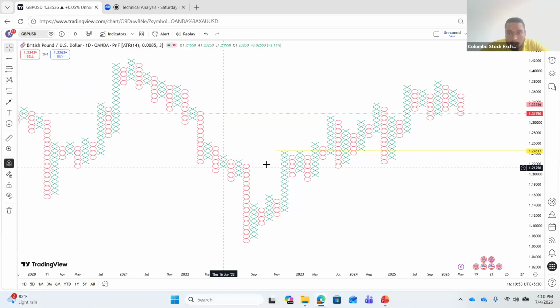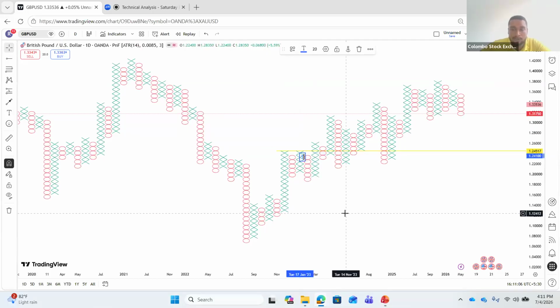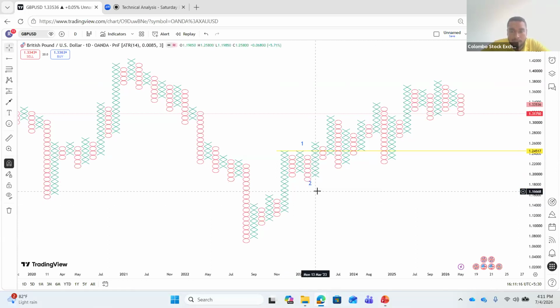Here also you can say that this is a double top buy signal. Let's mark this column as 1. This is the column I'm referring to. This is the resistance. This is the second column where we see some reversal.